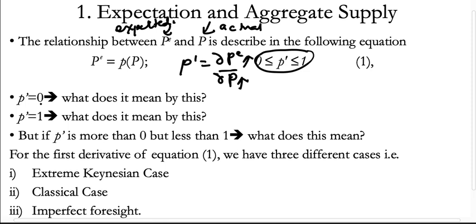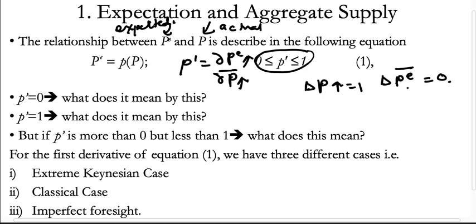If the value is 0, what does it mean here? If actual price increases by 1 unit, then expected price doesn't change, it is constant. So a change in actual price by 1 unit doesn't change expected price. So the change in expected price is 0.